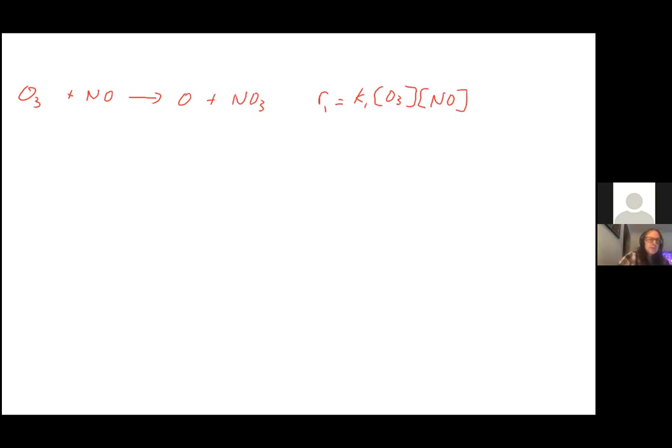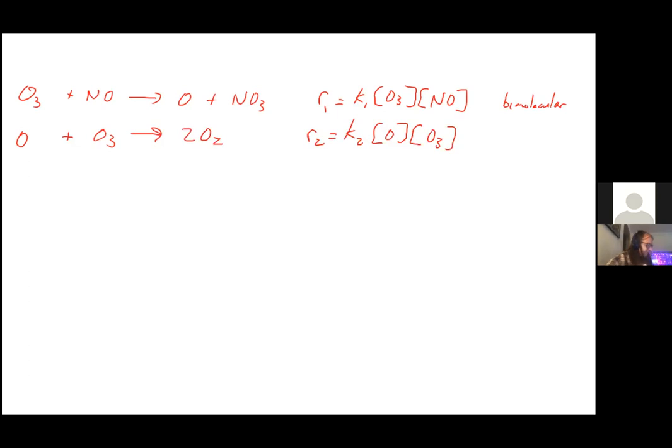Second step, O plus O3 gives you 2 O2. R2 equals K2 times O times O3, first power. So the first step is bimolecular, because what you do is you add all the coefficients of the reactant side.